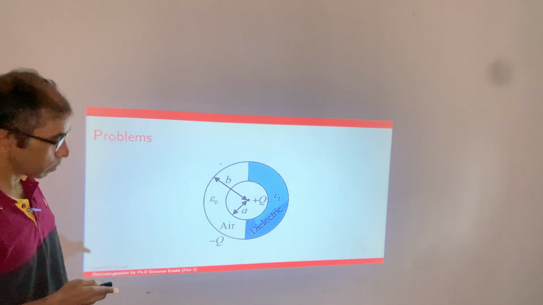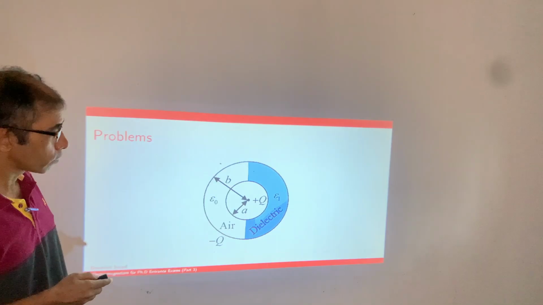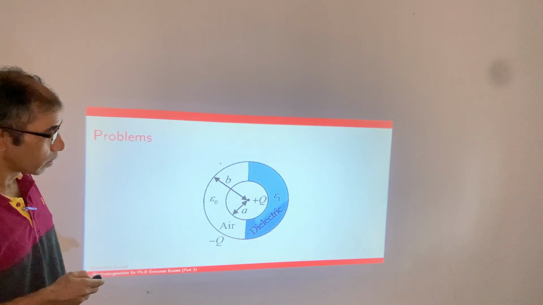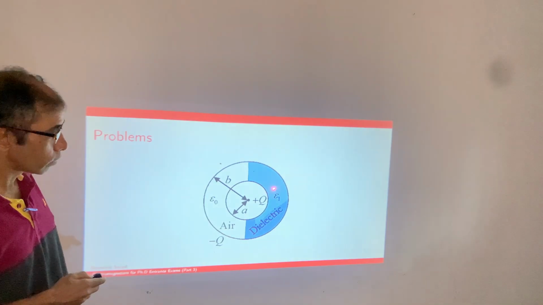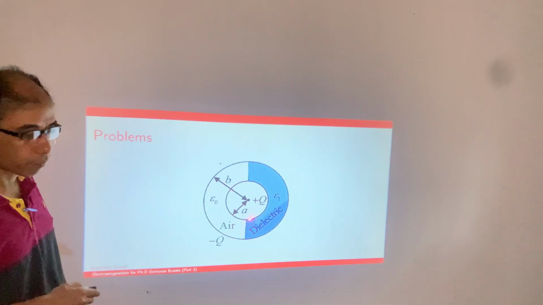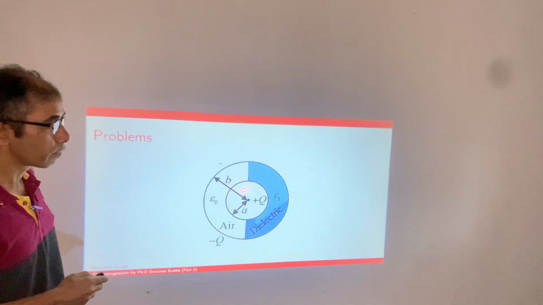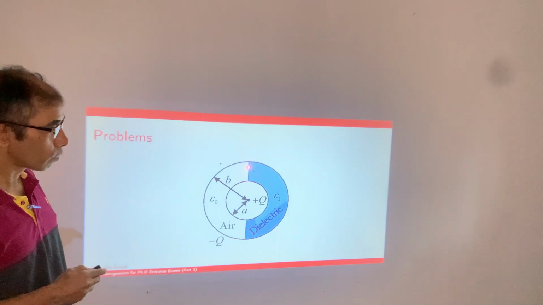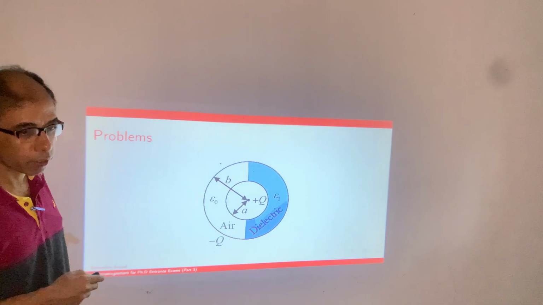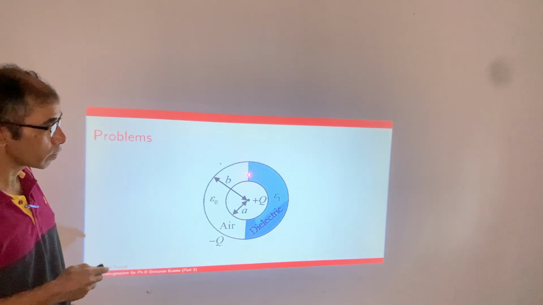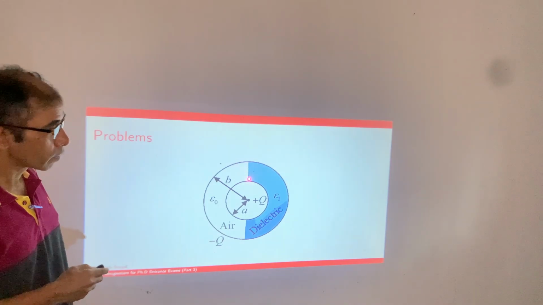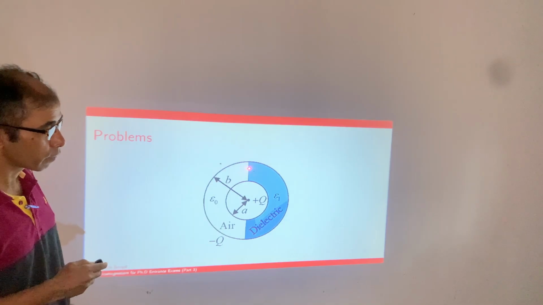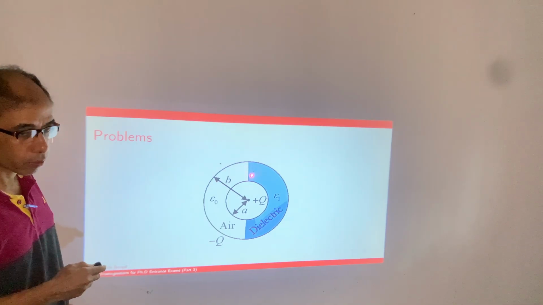Now from the figure we can make out that the electric field will be radially outwards. At the same time, we know that the tangential component of the electric field is continuous across the interface.